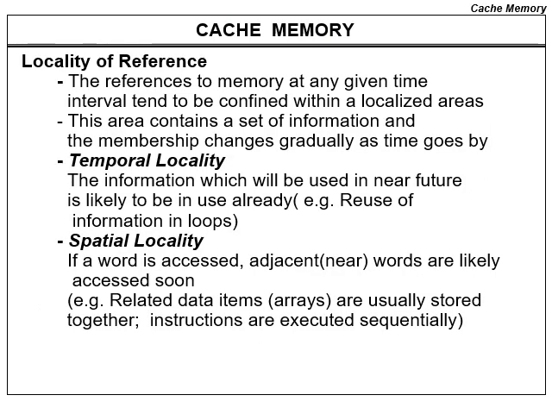The locality of references essentially can be of two types. One is the temporal locality and one is the spatial locality. Right? Let's go through this once. The reference to memory at any given time interval tends to be confined within a localized area. If I talk about, let us say, the locality of reference of instructions, the CPU tends to read both instructions and data from the main memory.